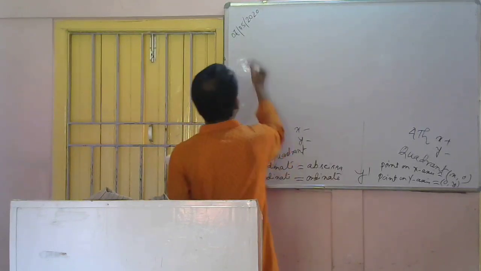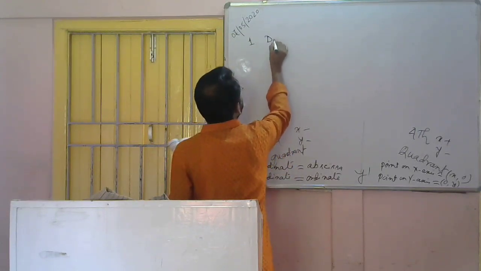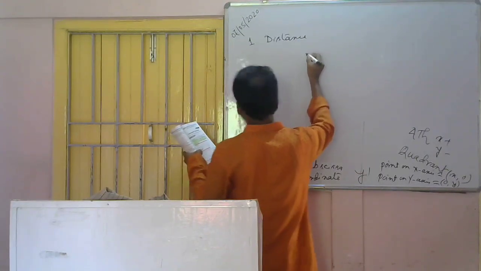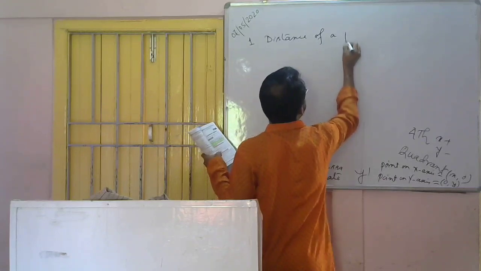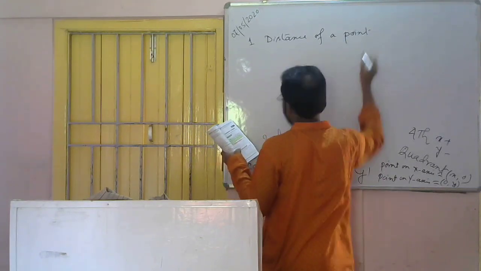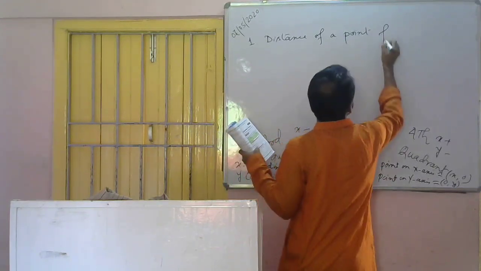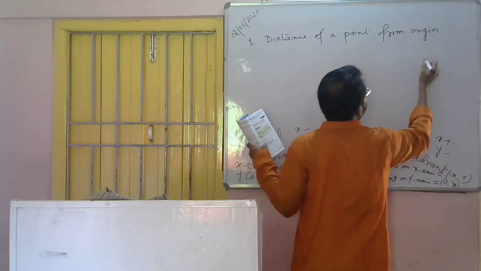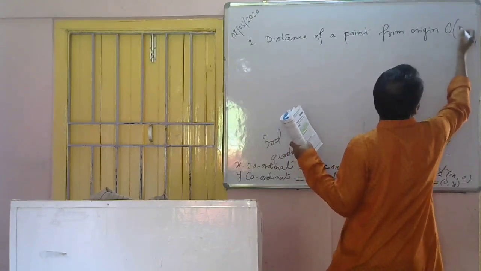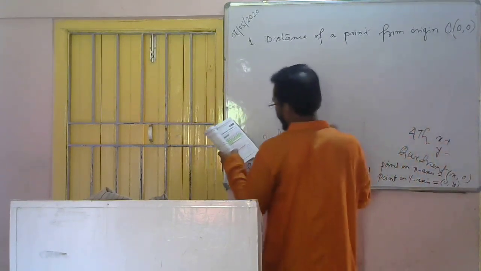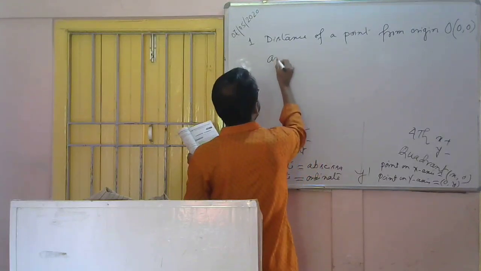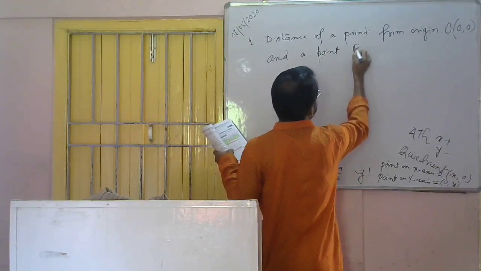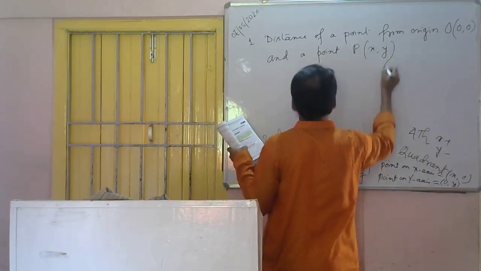Number 1: the distance of a point from the origin, that is O (0, 0), and a point P (x, y).